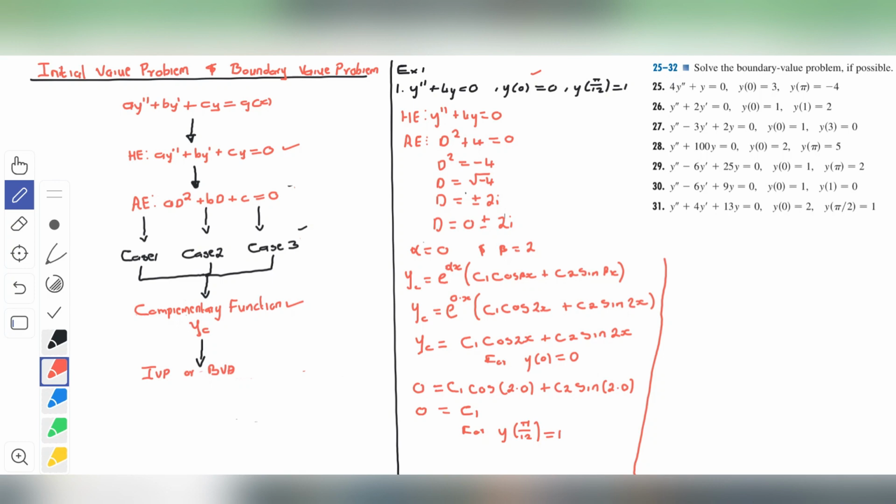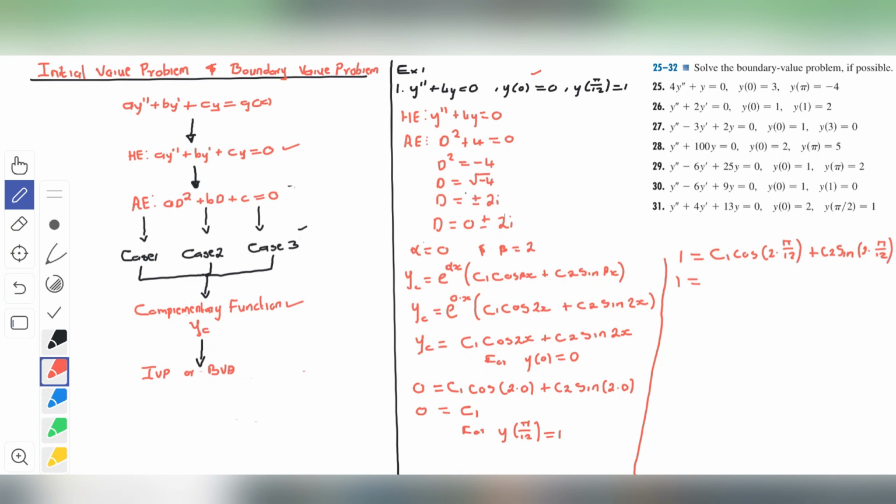So we have 1 equals C1 cosine of 2 multiplied by pi over 12, plus C2 sine of 2 multiplied by pi over 12, right?